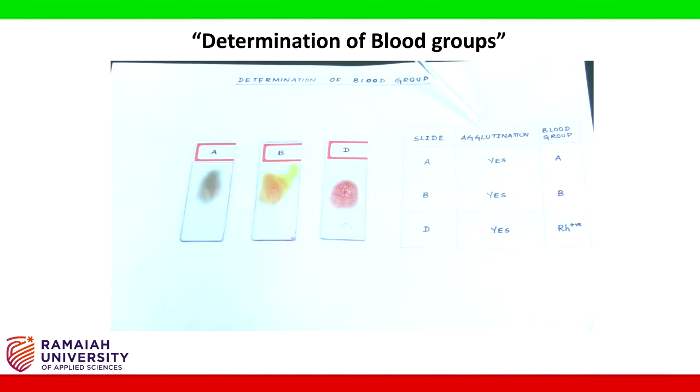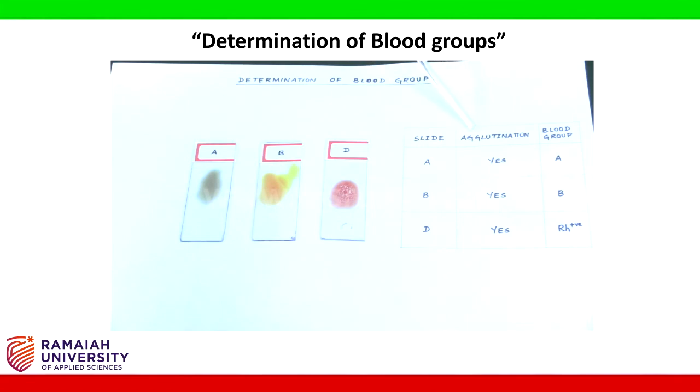If there is agglutination in slide A, then the blood group is A. If there is agglutination in slide B, then the blood group is B. If there is agglutination in both slide A and B, then the blood group is AB.